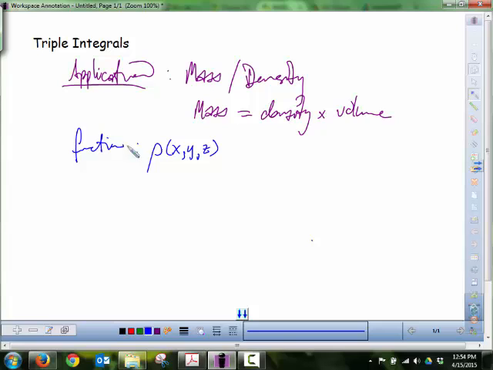So our density function can be given as rho as a function of x, y, and z, and this would be grams or kilograms or whatever per volume, per cubic meter for example. I can't draw my fancy surface anymore because that's just z equals f of x, y, but we could think about a solid.